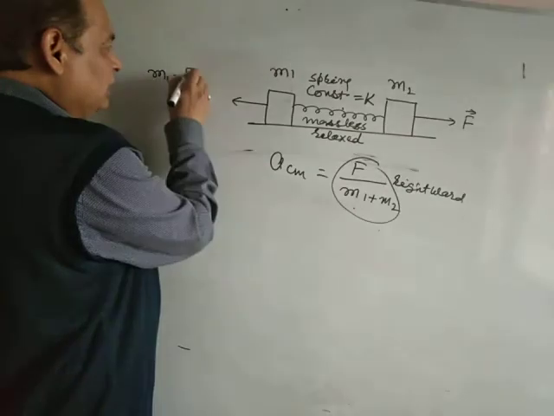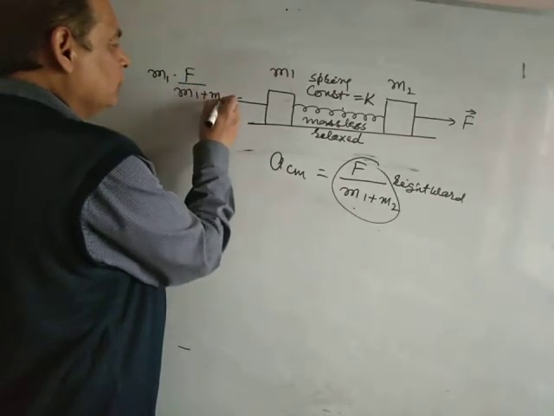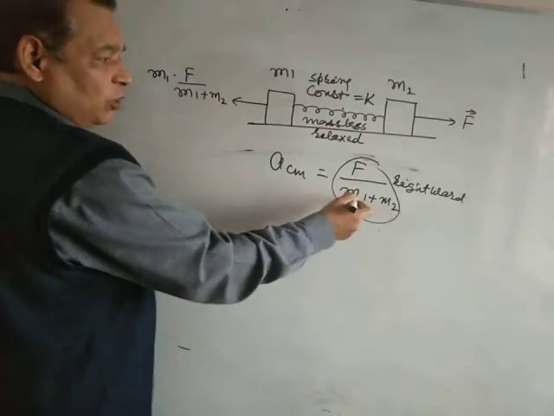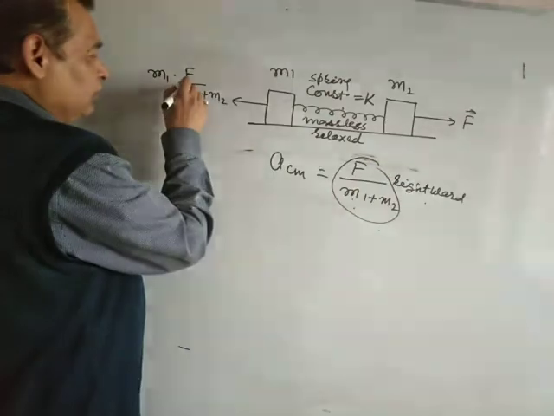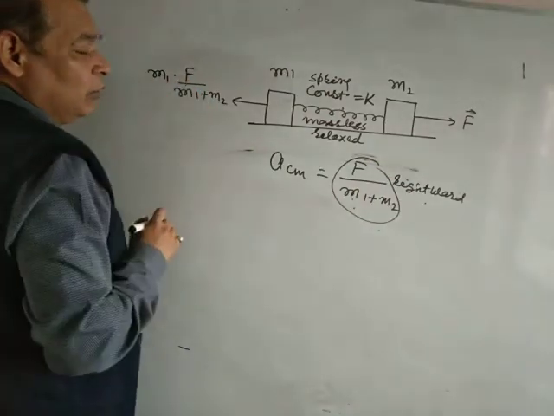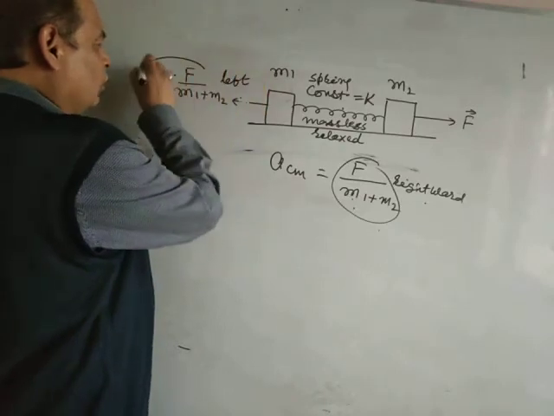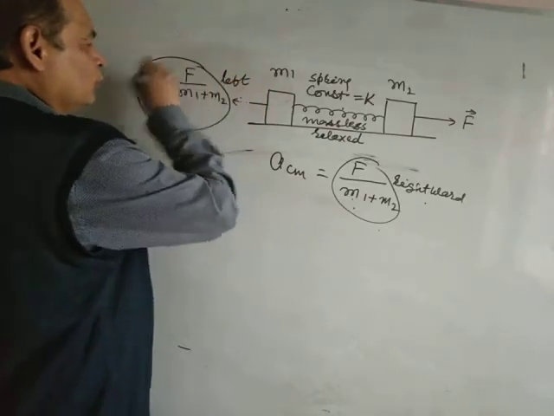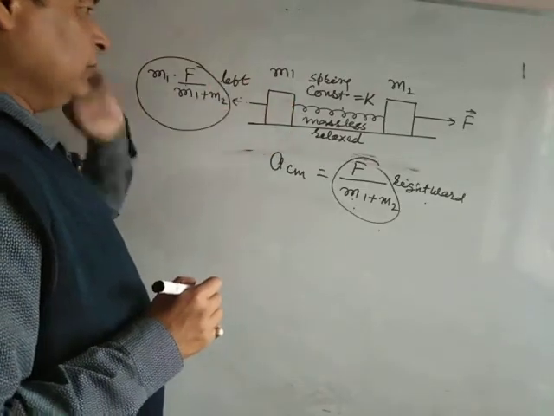Acceleration of center of mass is F upon M1 plus M2, and it is rightward, so this direction will be leftward. This is the magnitude of the pseudo force acting on M1, but the direction is left.